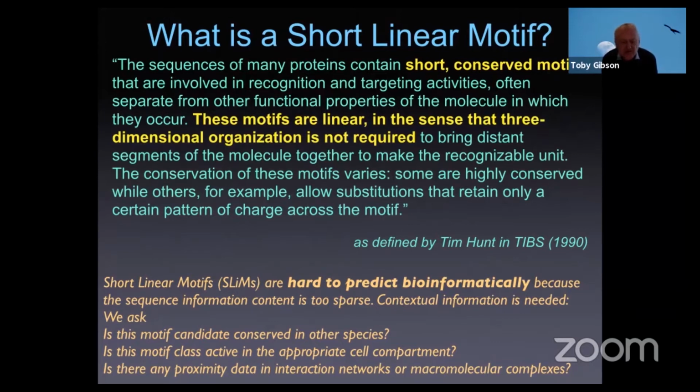So is the protein of interest in the right cell compartment to have that motif? Then we're very keen on getting proximity data, which is coming increasingly, in interaction networks or in macromolecular complexes. So this is sort of contextual information that we'd like to have to get us interested in candidate motifs.